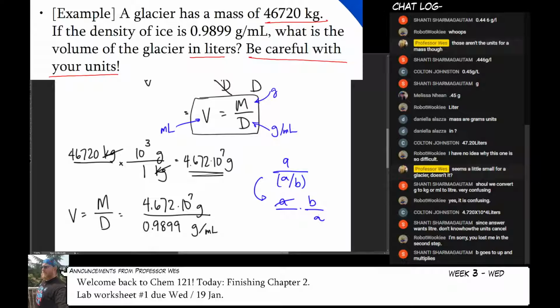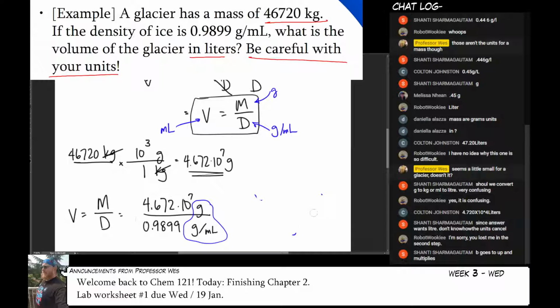And now these cancel out, and this is what's left. So this expression would equal b. Now, you can kind of see where I'm going with this because this is where our units are, right? The numbers, you can just divide those, no problem: 4.672 times 10 to the 7 divided by 0.9899. You can type that into the calculator. But what the heck do you do with the units?